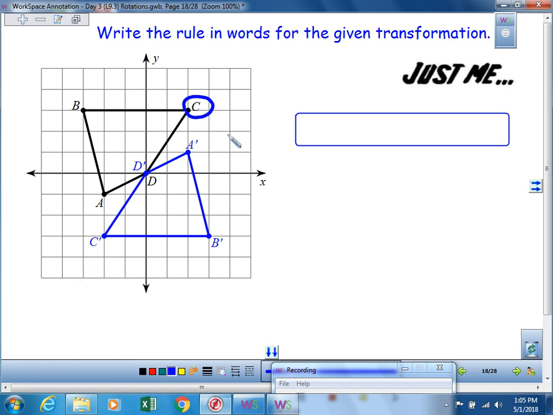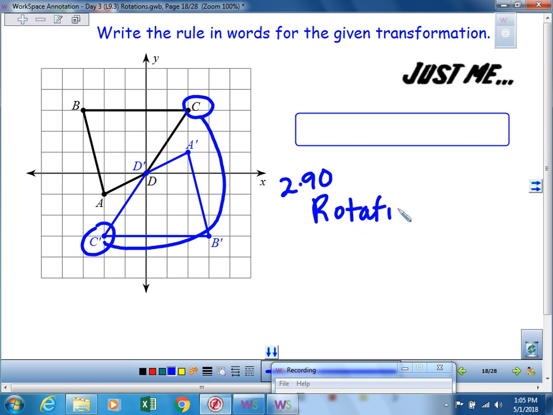So you're going to draw a circle, except you're going to stop when you get to that letter. Okay, so how many quadrants? 1, 2. So you would say 2 times 90 is what? 180. So you would say rotation 180 degrees. Do you have to say clockwise or counterclockwise? No, not on 180.